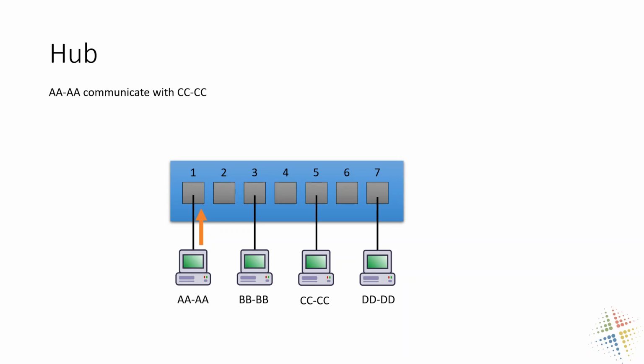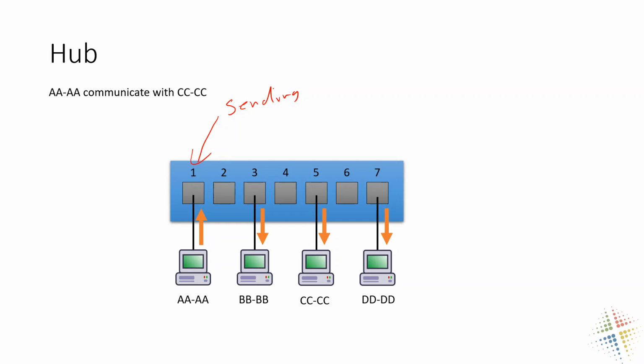Basically, what happens when AAAA wants to communicate, he sends his message up into the hub. The hub then sends that message down to every single client on its device. Every single port that has an active connection gets that packet. I guess I should clarify, everybody except the sending port gets that communication.